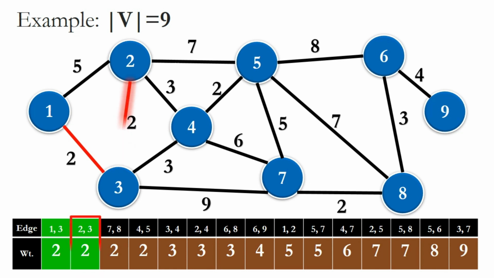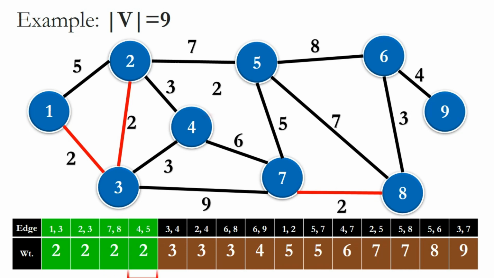Since makikita naman natin sa representation na dalawa lang silang line na active as spanning tree, therefore the vertex 2 and 3 with the value of 2 is included in the spanning tree. Next is element number 3 from vertex 7 and 8 with the value of 2. We're going to check if it forms a cycle. So since there is no other lines interconnected to vertex 7 and 8, therefore it is included to the spanning tree.